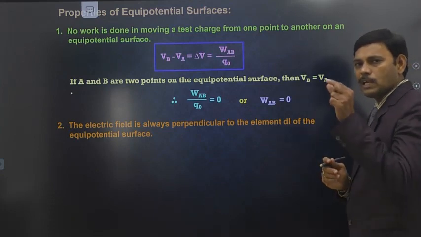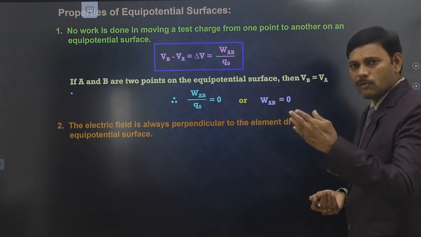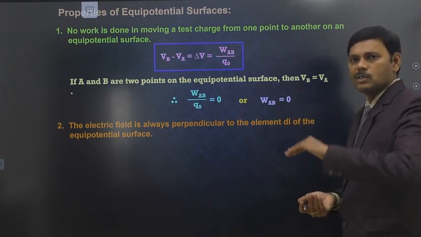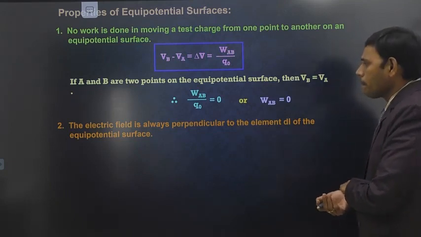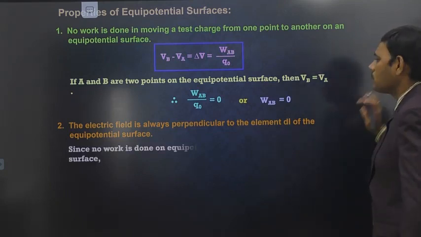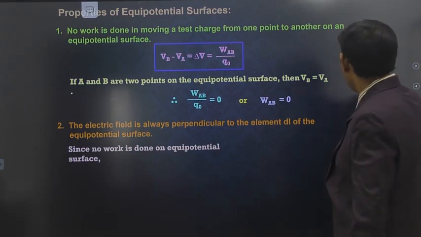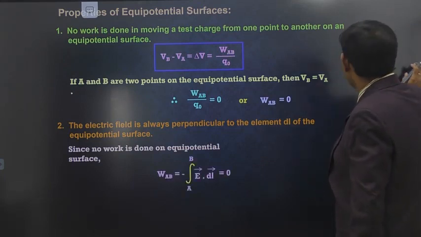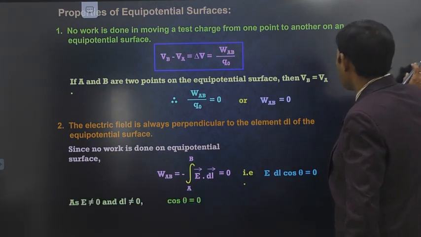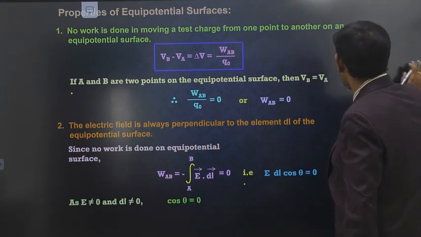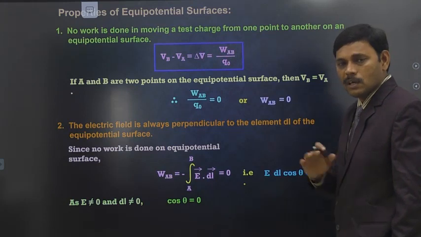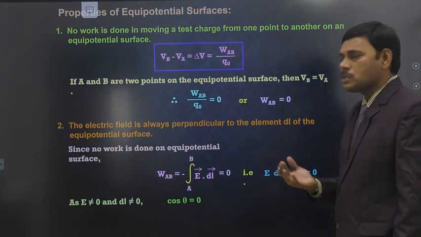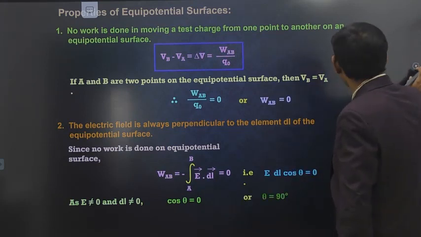If we consider any small element, either on a plane equipotential or a spherical equipotential surface, the electric field is always perpendicular to the equipotential surface. These 2 points were already in the previous concept: the electric field is always normal to the equipotential surface, and the component of electric field tangential to the equipotential surface is 0.